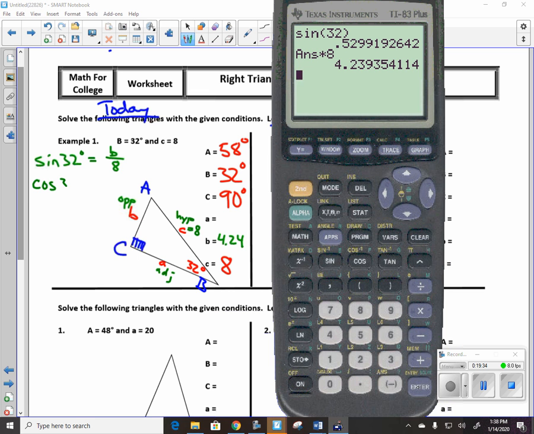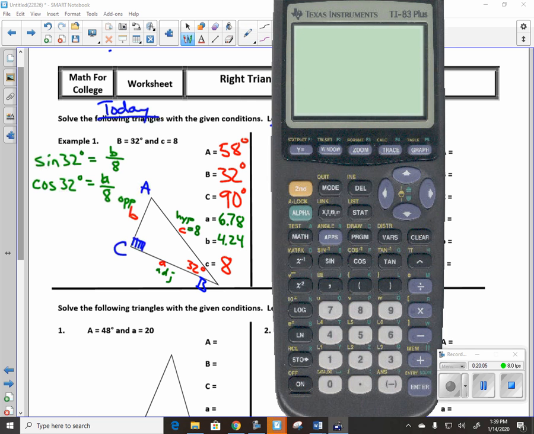Cosine of 32 degrees is A over 8. So I do 8 cosine of 32, and I get 6.78. Now, my good friend Morgan had an excellent point. She said, use the Pythagorean Theorem, which you can. I'm going to use the Pythagorean Theorem to quick check my answer.